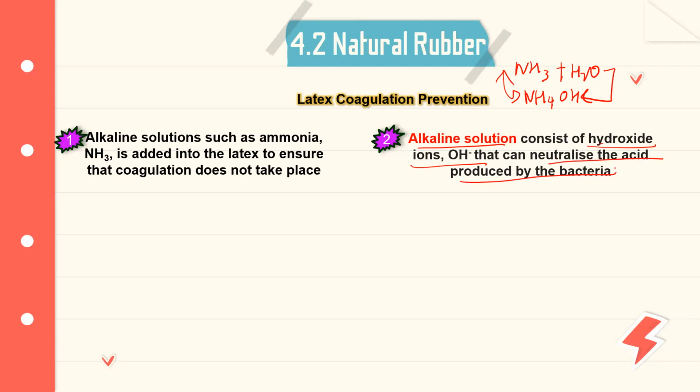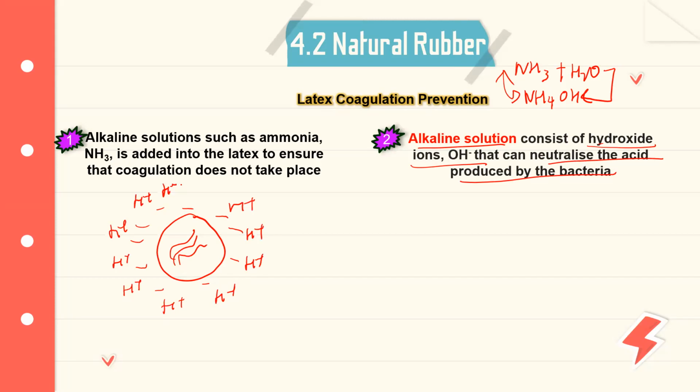So you might be thinking, teacher, what is happening here? I don't get it. So let me just explain. I have a negatively charged protein membrane. I have my rubber polymers inside. I'm not putting the OH straight away, because I leave it in air still for a while, so hydrogens will come about. The hydrogens will come about, but before they can neutralize the negative ions, I already put in my alkaline solution, which is my OH minus.